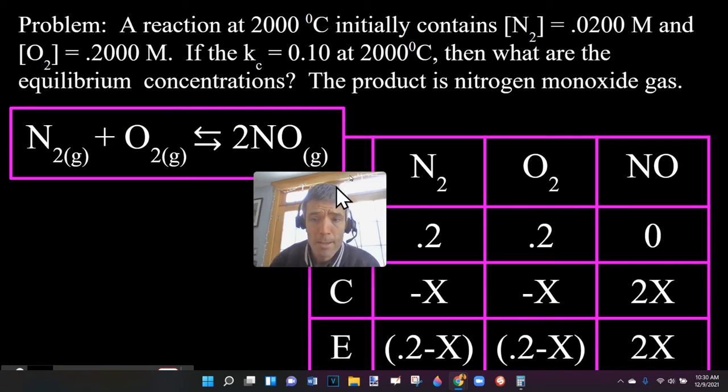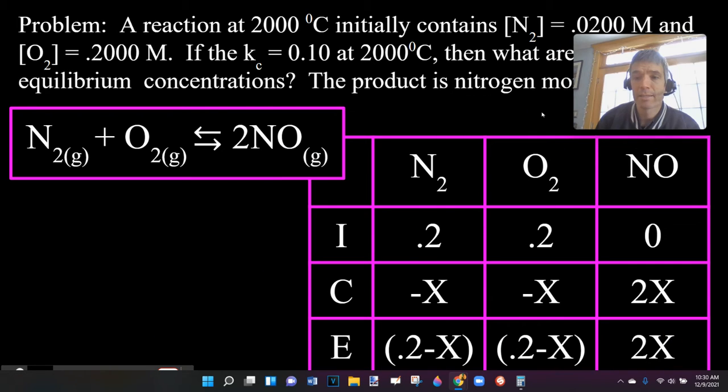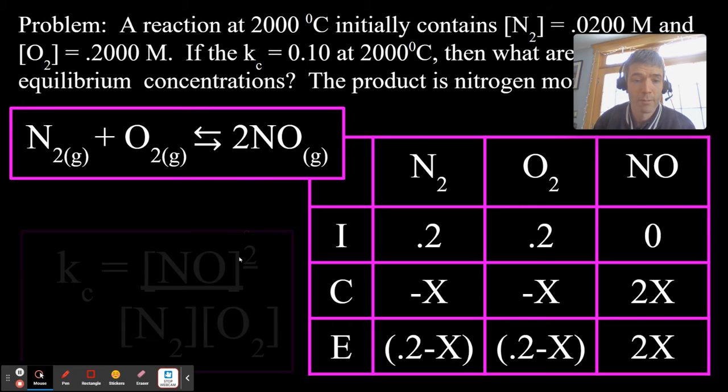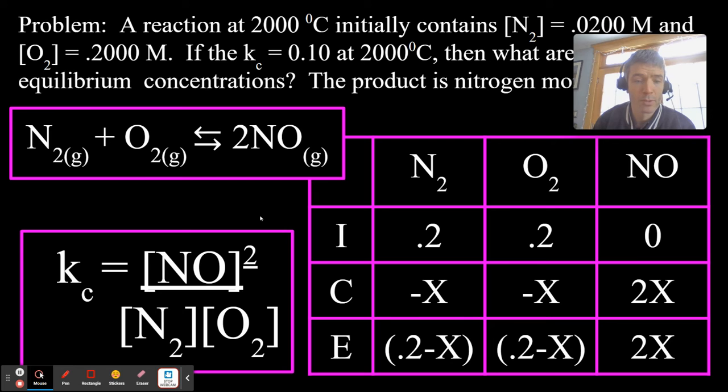All right. Now, the next thing you need to know is my equilibrium expression. And that's going to be my products, the concentration of NO squared, divided by the concentrations of those two reactants.